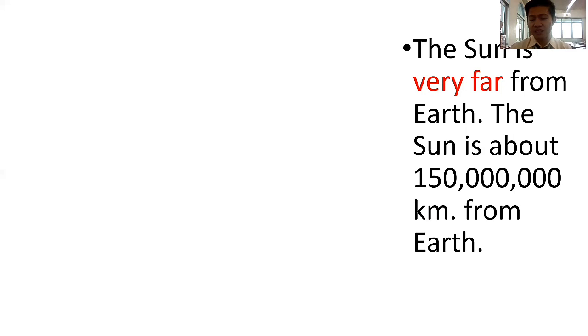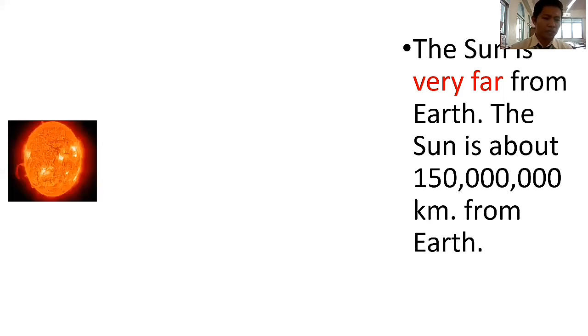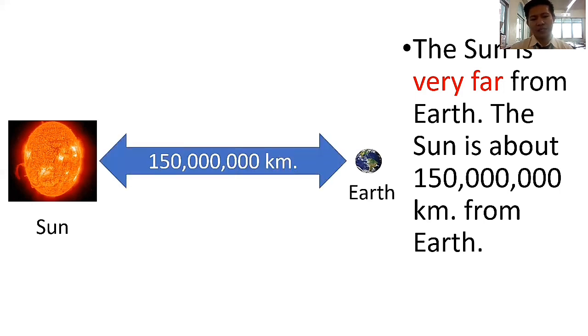Can you imagine that? It does not mention hundreds, but it mentions million. So very, very far. Example, if this is the sun and this is the earth, that's 150 million kilometers away.